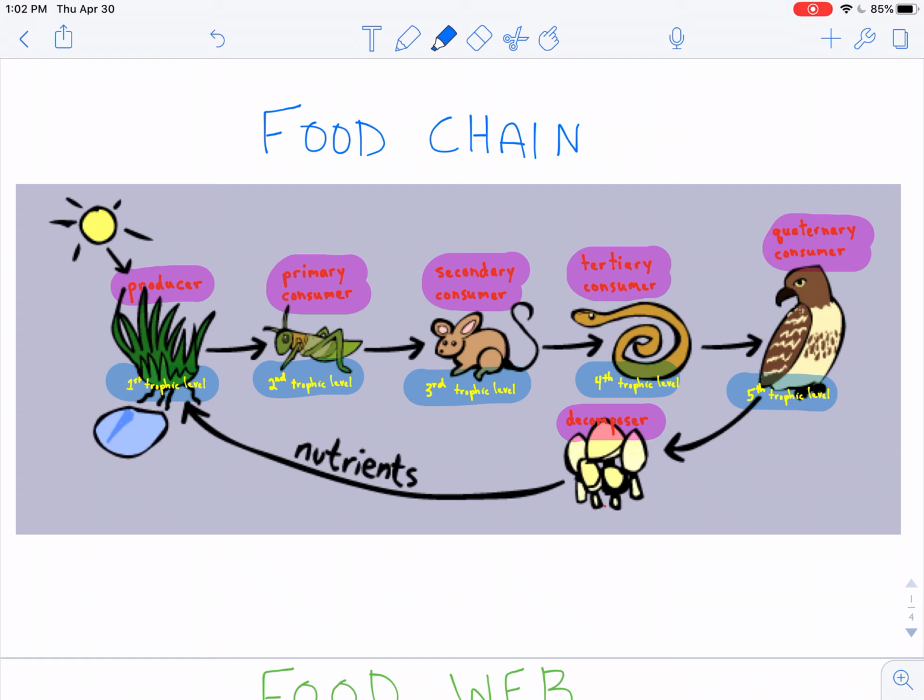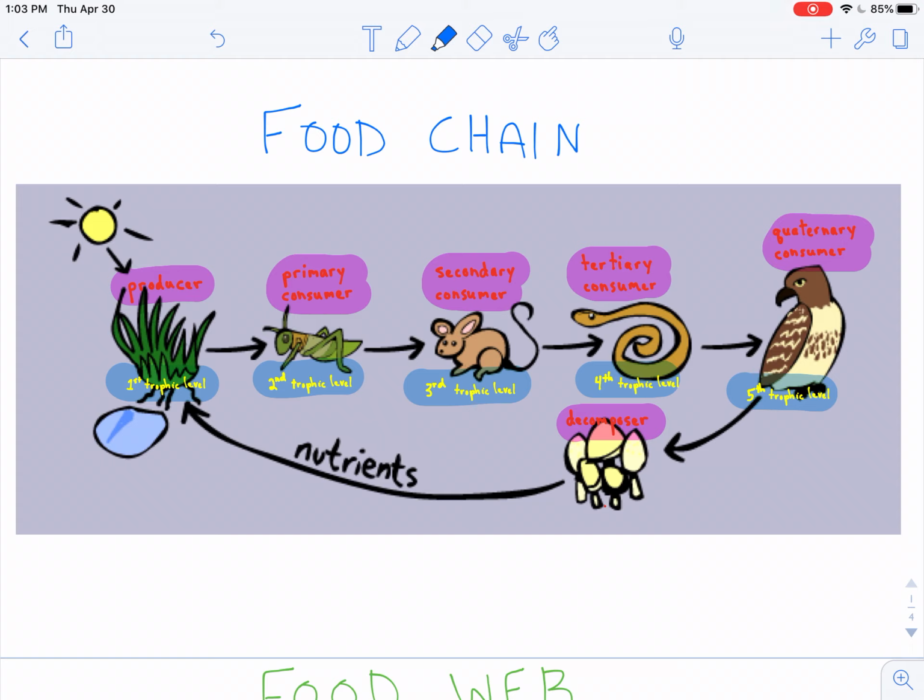Usually we do not call the decomposers a specific trophic level. That's because with all of those arrows that can go from anything to decomposers, it gets a little confusing with deciding what trophic level the decomposers are at any time. Okay, so that list of red vocabulary terms and yellow vocabulary terms we have learned before, but now it's easy to see them together on the food chain.